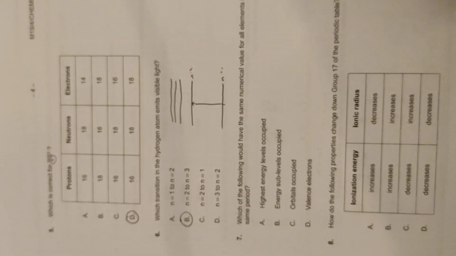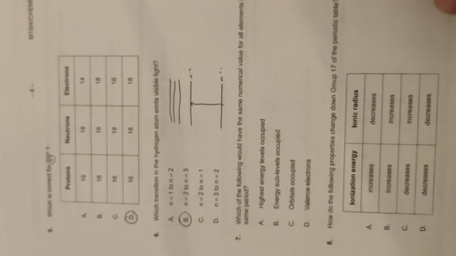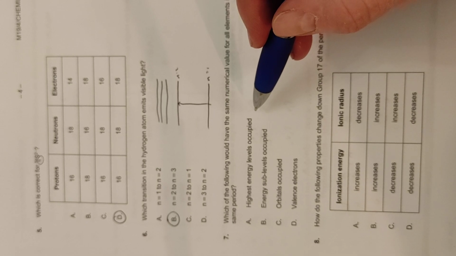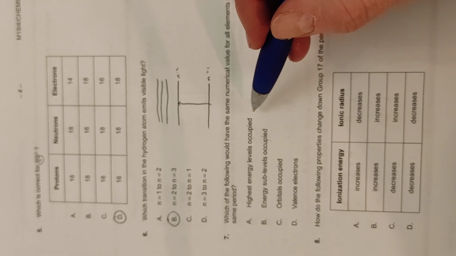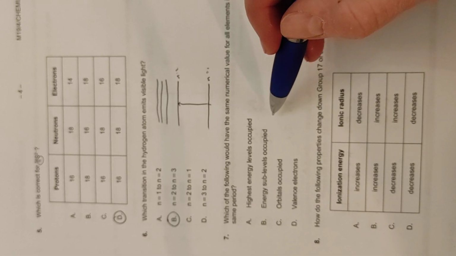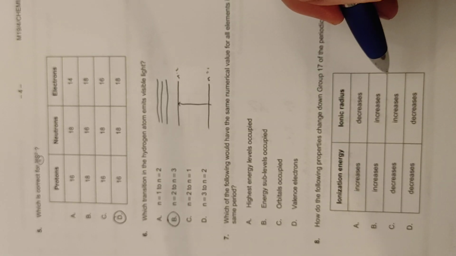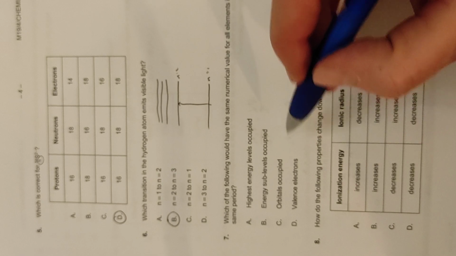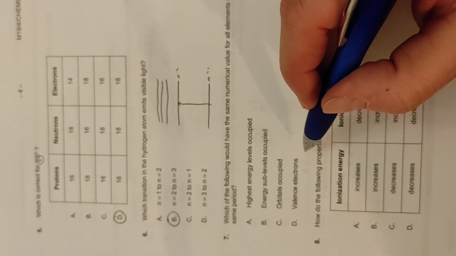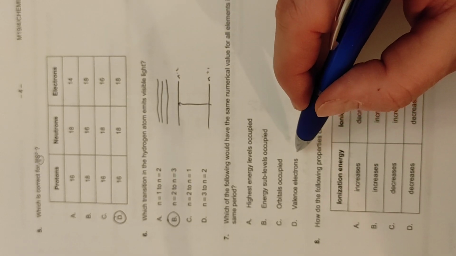Which of the following would have the same numerical value for all elements in the same period? So, if it's the same period, then obviously it's going across, but the valence electrons would be different.